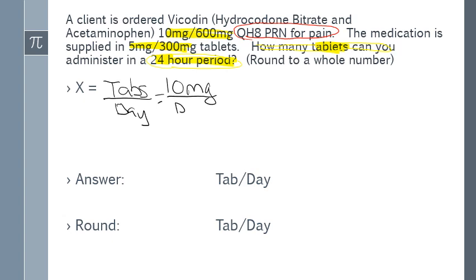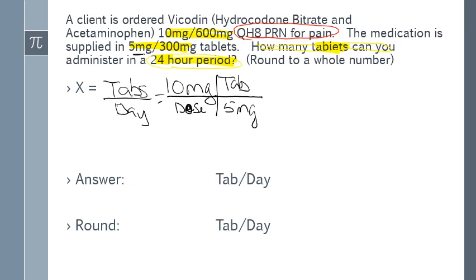But that is for dose. We don't want dose just yet, okay? I know that the supply is in a tablet, there's 5 milligrams based on how it's stocked.